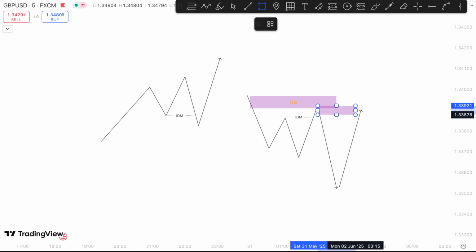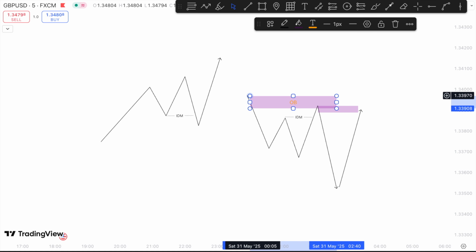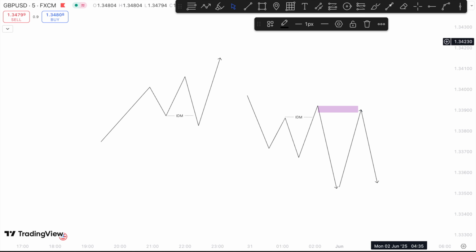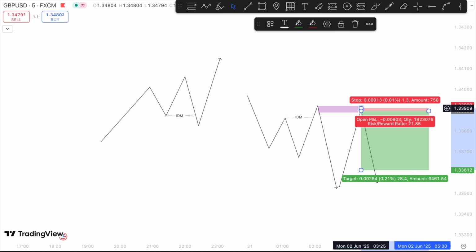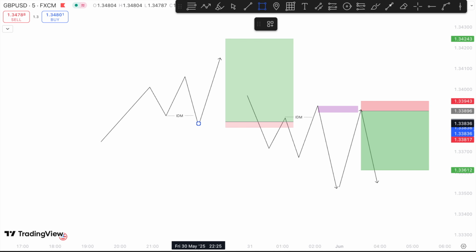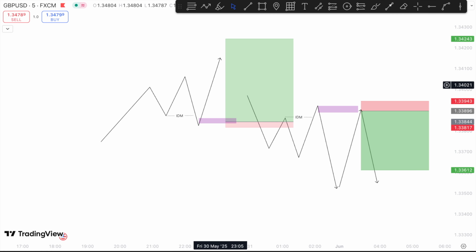If you don't see any fair value gaps or order blocks over here, then we can also wait until the market comes over here. Then we can take our entry, put our stop loss above the order block, and expect the price to fall. Similarly with the uptrend, we can mark this order block and take our entry. This is how it's going to work.